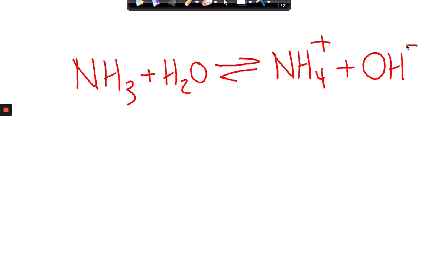So if this is our base, this is our conjugate acid. That's the important thing that we're going to look after. So guys, this is just the function of ammonia and water. Here's the $11,000 question. What would we add to this in order to turn it into a buffer?